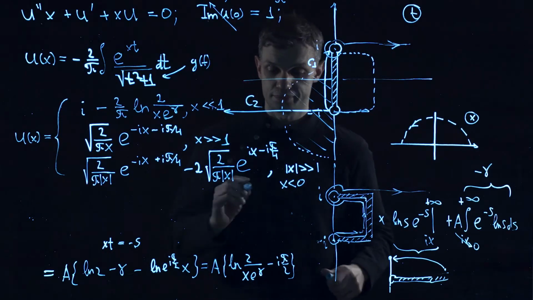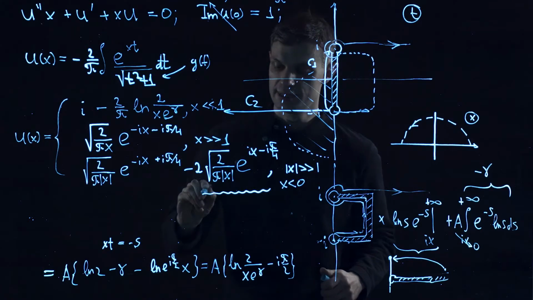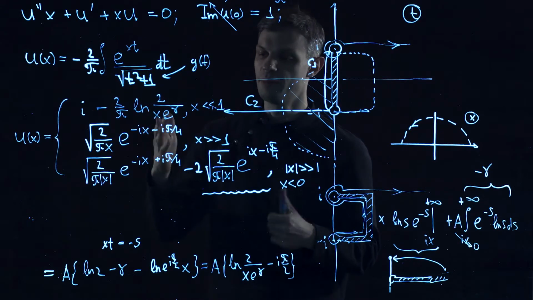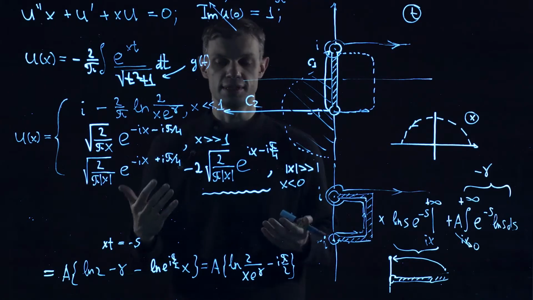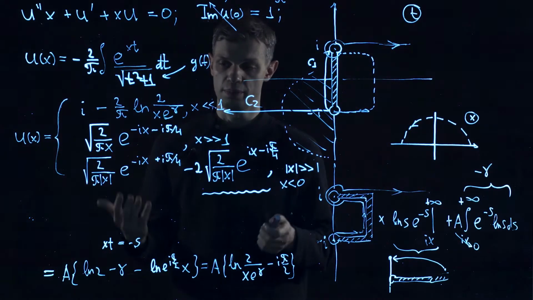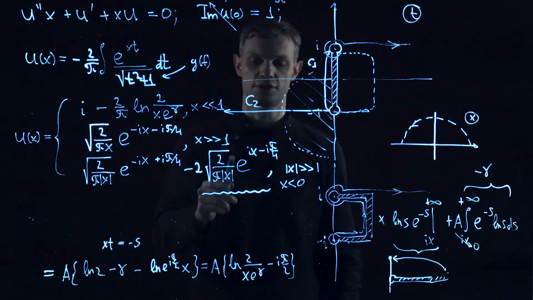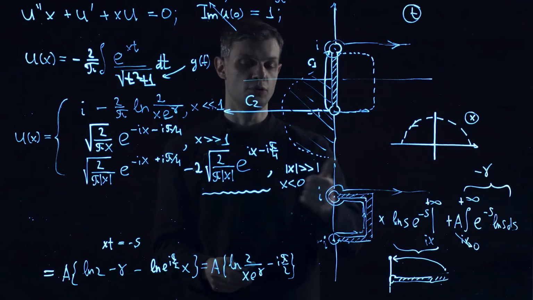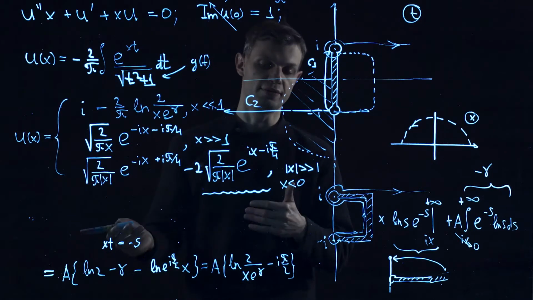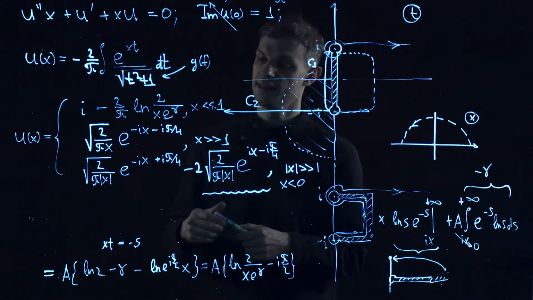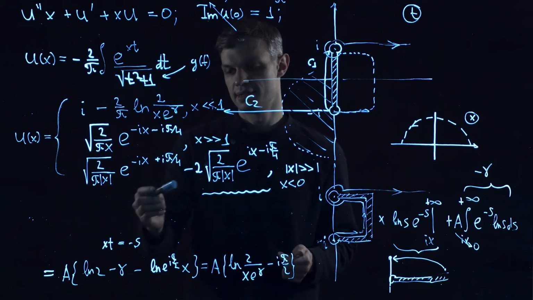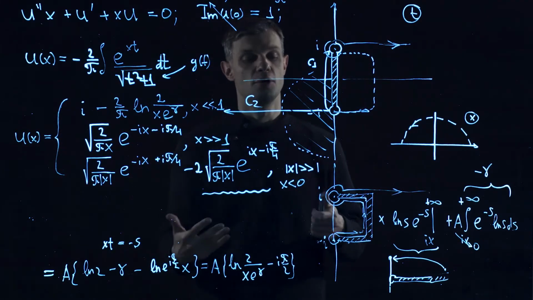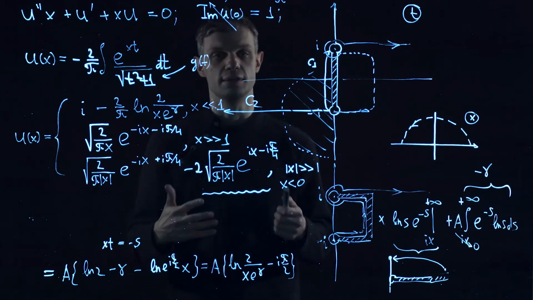In fact, those solutions remind us slightly of incident or reflected waves in one-dimensional quantum mechanics. For example, this one looks certainly like a wave moving from the left to the right, like an incident wave. And this certainly reminds us of the reflected wave. So it's precisely that kind of phenomenon which leads to the scattering events in quantum mechanics.